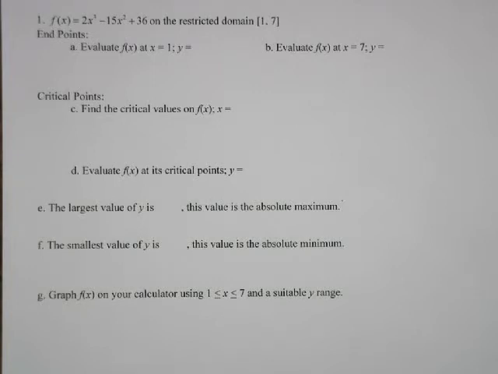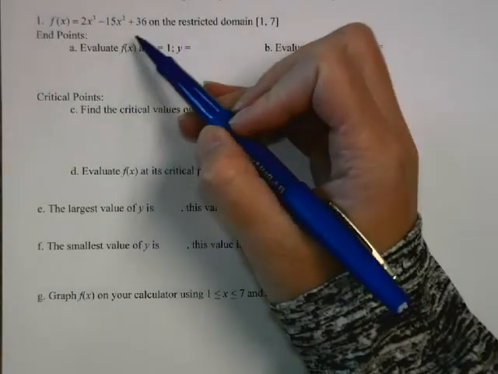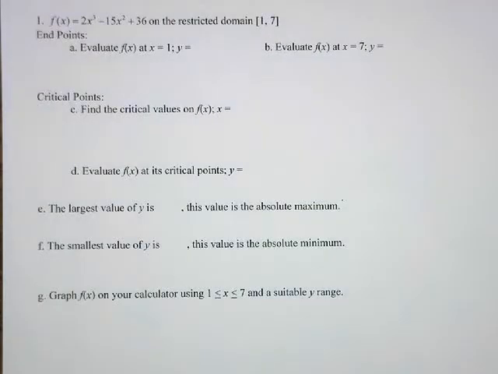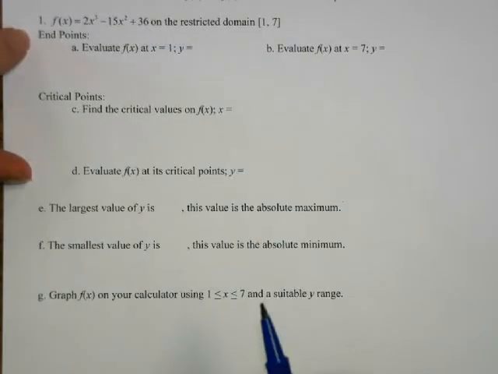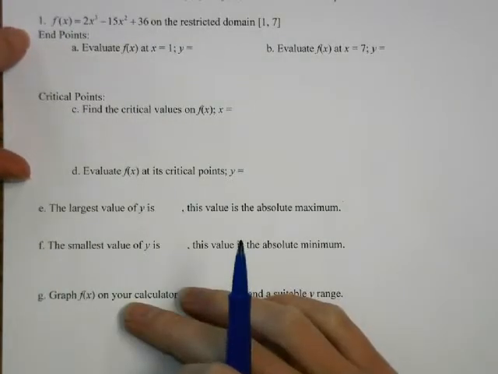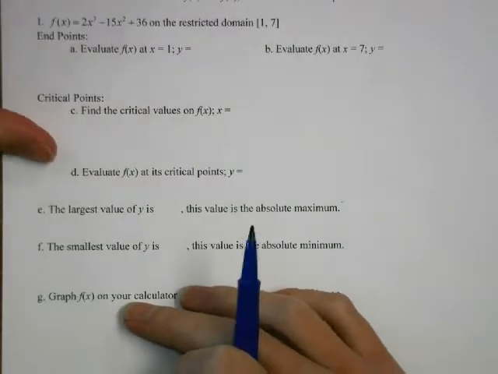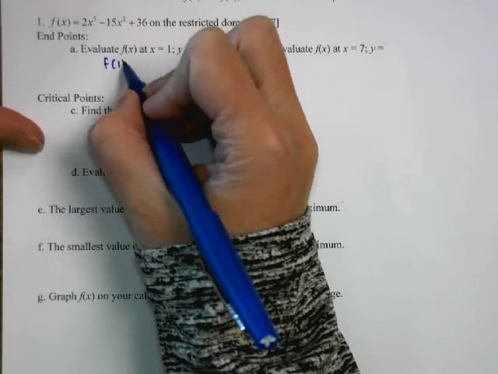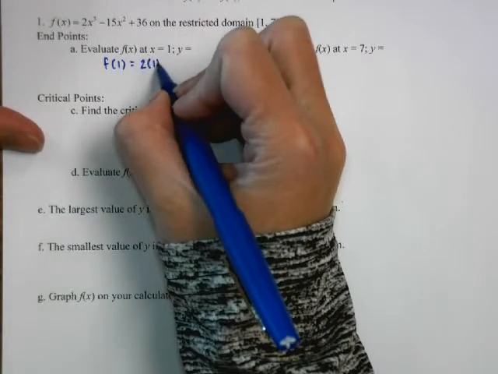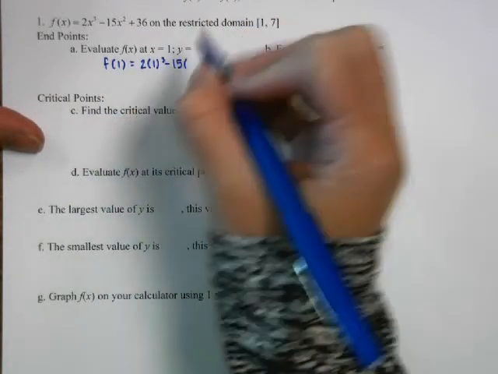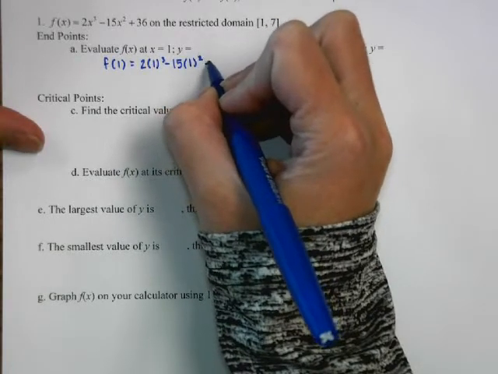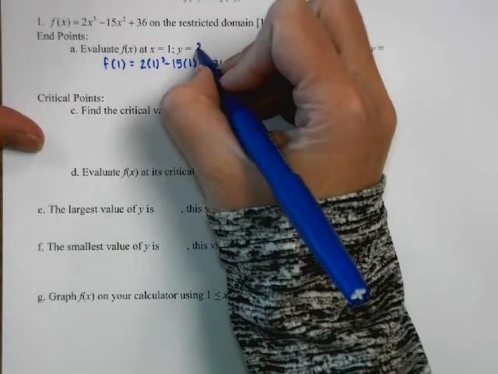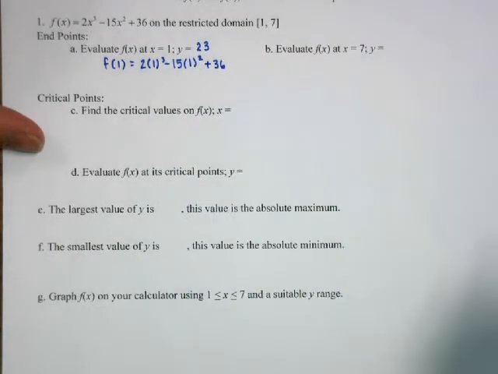We have the function 2x cubed minus 15x squared plus 36 on the restricted domain [1, 7]. So the first thing we're going to do is investigate the endpoints. We're going to evaluate our function at 1. So when x is 1, and you can use your calculator to help you here, we get a y value of 23.